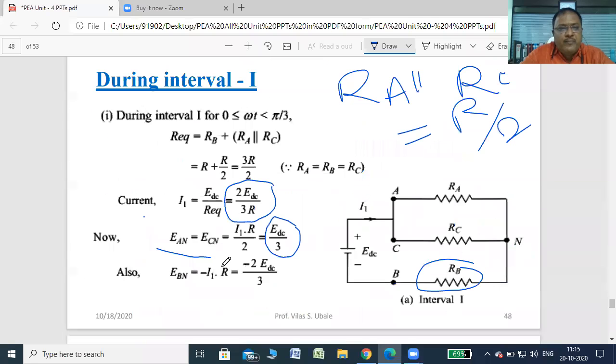Now, last one. EBN equals minus I1 because the current is reversed, the current is leaving from N. So it is minus I1 into R. I1 is equal to twice EDC by 3R, into R. So R and R get cancelled, giving minus twice EDC by 3.